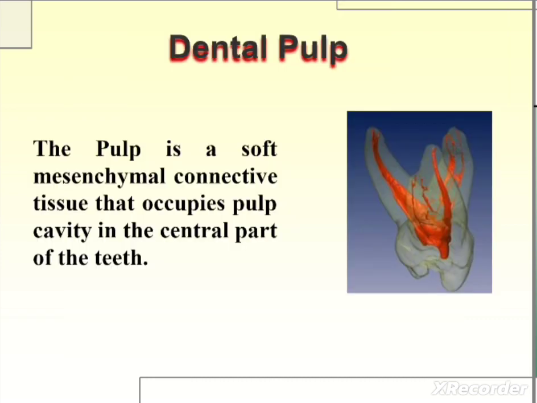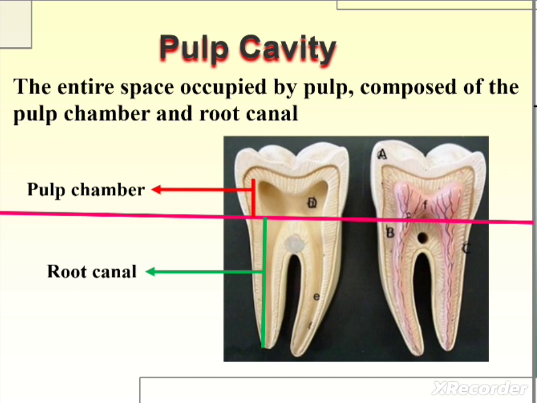So what is dental pulp? Pulp is a soft mesenchymal connective tissue that occupies pulp cavity in the central part of the teeth. So what is pulp cavity? The entire space that is occupied by pulp is composed of a pulp chamber and a root canal.